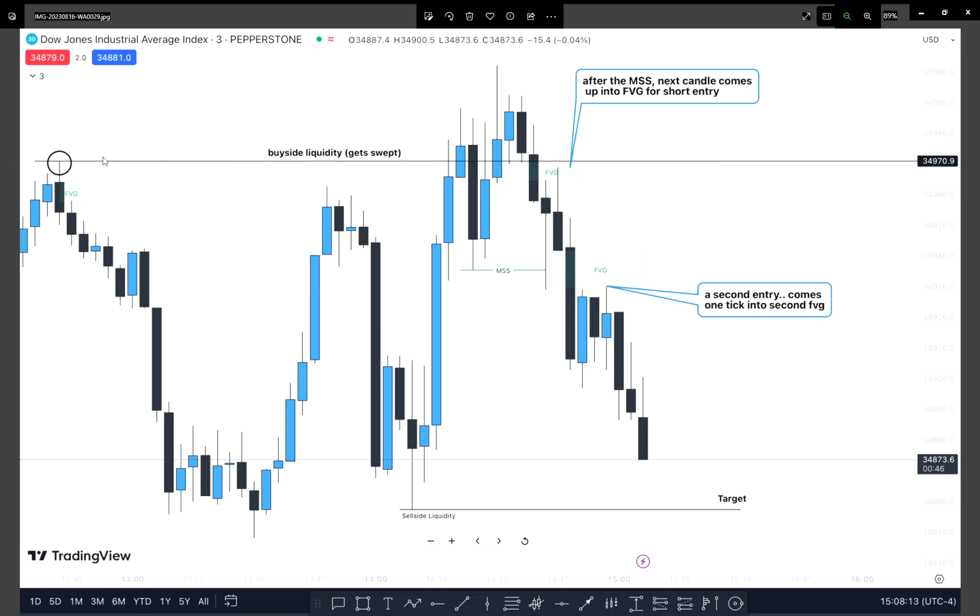Equal highs makes more sense in programming terms. They want to sell to people who are trying to buy a breakout, where a double top turned into a breakout. They're trying to sell above that equal high. Hopefully I didn't confuse anyone there. Sorry about that.